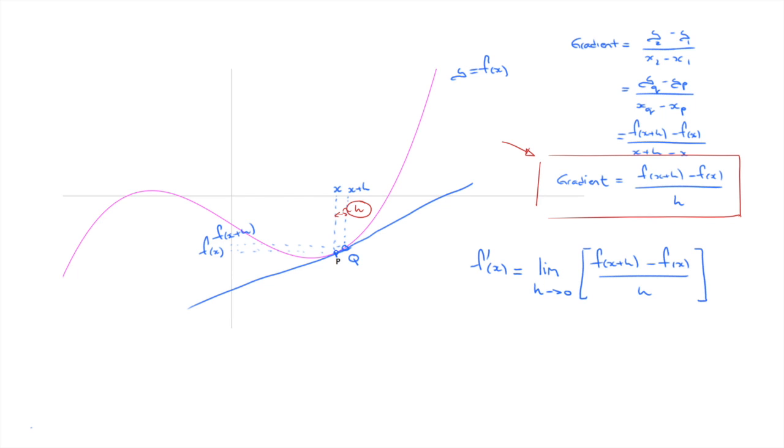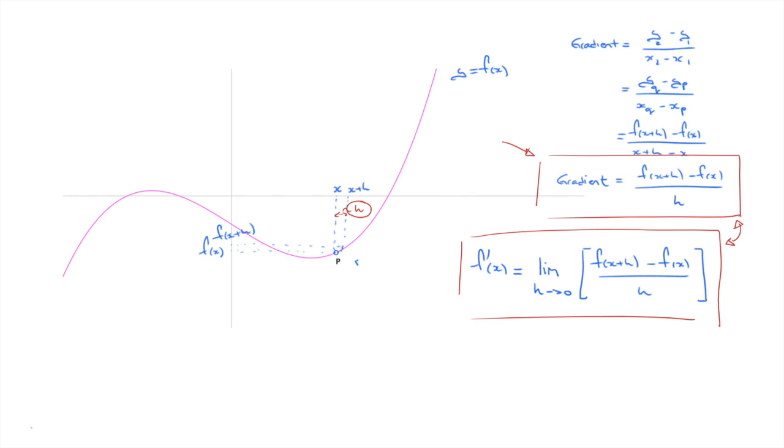And so that's the idea here. We can see here that all that f dash of x is, it's the gradient of the line passing through 2 points P and Q. The only distinction that should be made between this definition and this formula for the gradient is the fact that we're letting h become infinitely close to 0, which leads to these 2 points being indistinguishable.